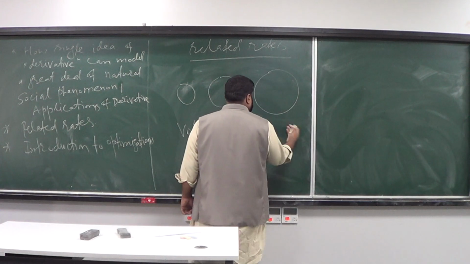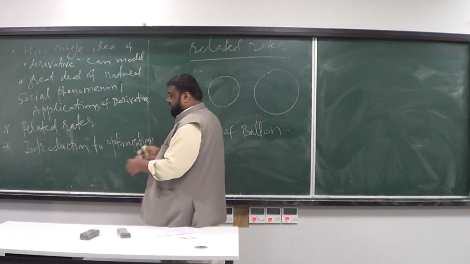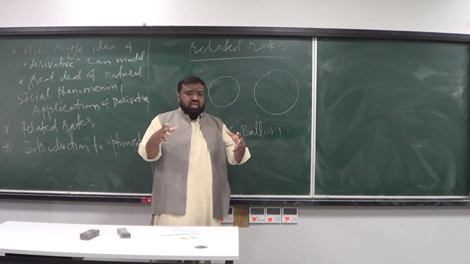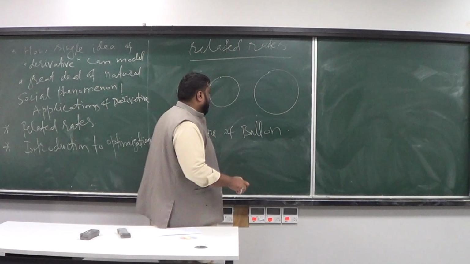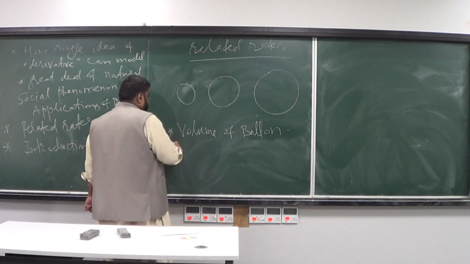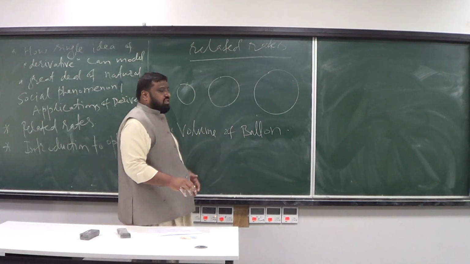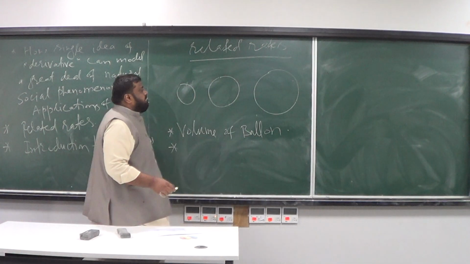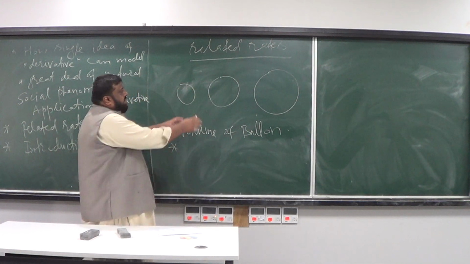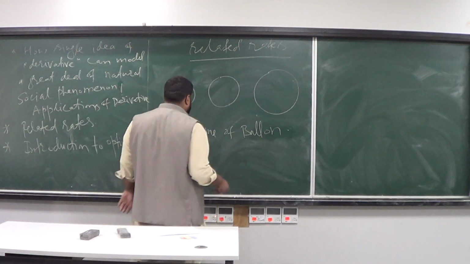The volume of the balloon, so it's like the balloon is occupying more and more place in space. There are also several other things which are increasing or decreasing as the balloon gets bigger.